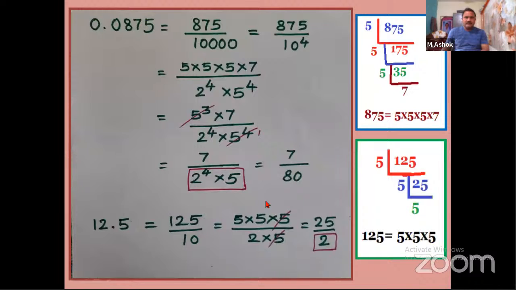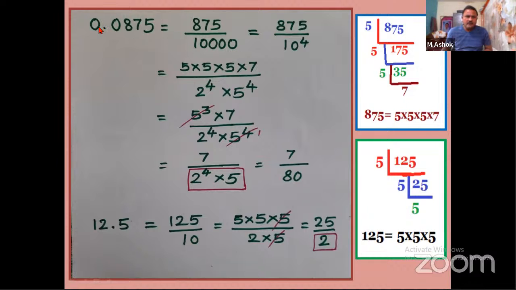Next we'll see one more example. 0.0875. It is a terminating decimal. If you write in the p by q form, it becomes 875 by 10,000.